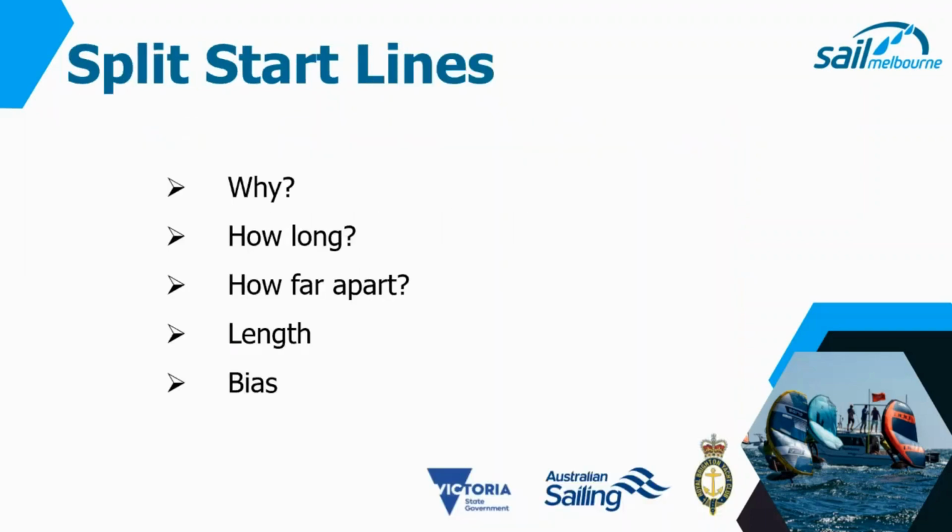Why do we have split start lines? Well, we've got a race officer in our midst here that was on line 2 of the Sydney to Hobart yacht race. This year they had 4 start lines, and they split that up so you've got the high performance boats, and it is graded down to the less performing boats.